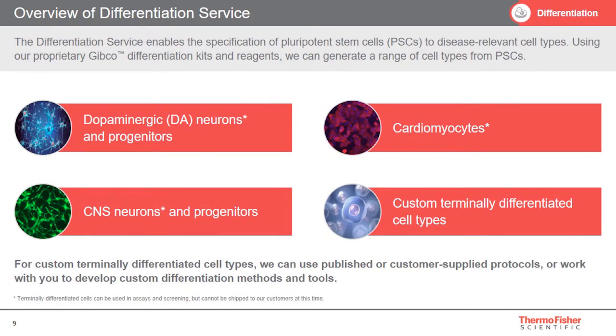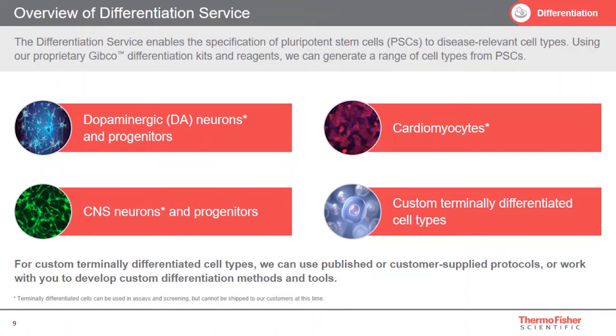Now, the stem cell workflow does not usually stop after reprogramming or gene editing. In disease modeling, for example, pluripotent stem cells are differentiated into a specific cell type, where our differentiation services enable the specification of pluripotent stem cells, either with or without genomic edits, to disease-relevant cell types.